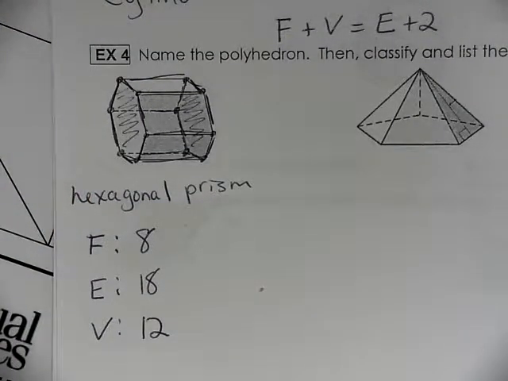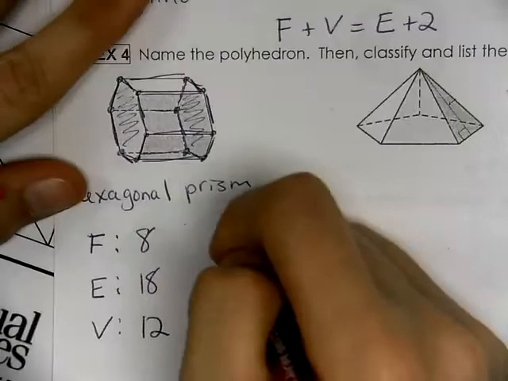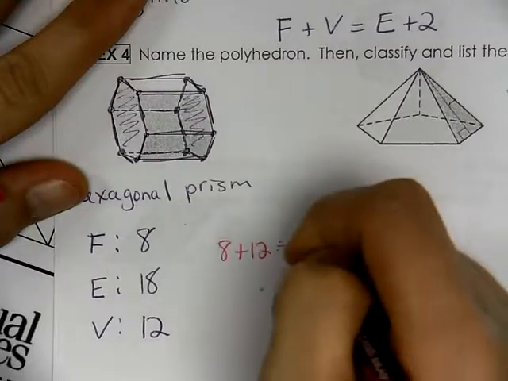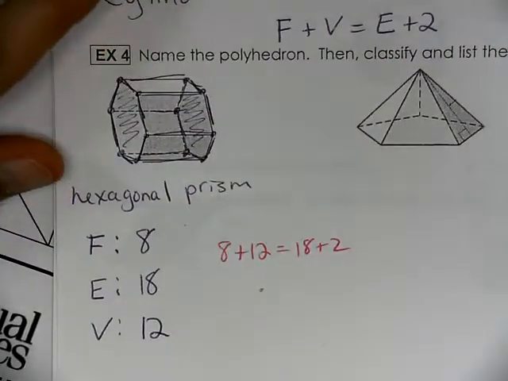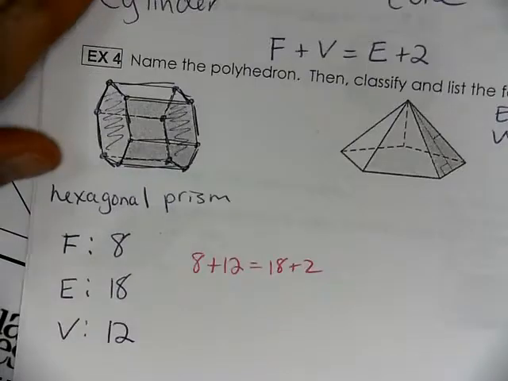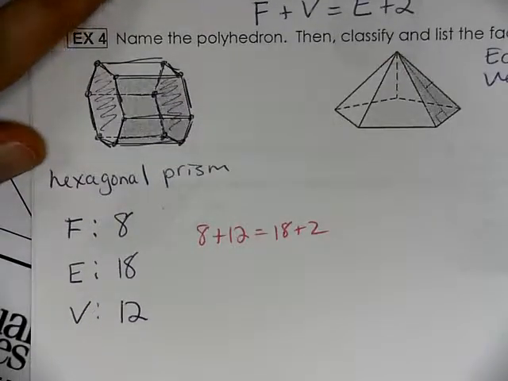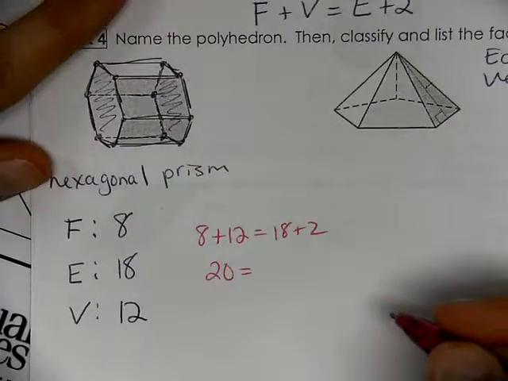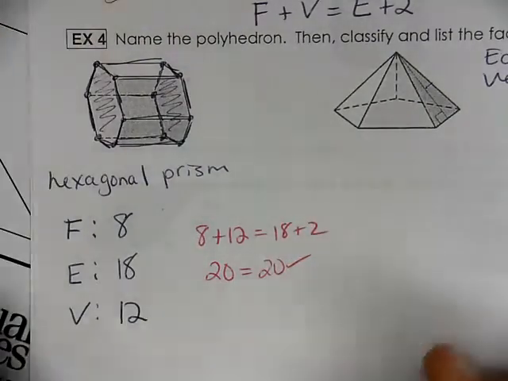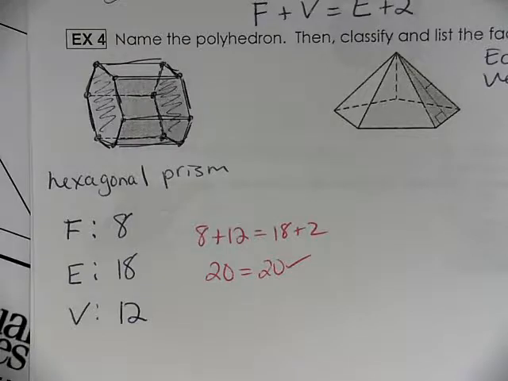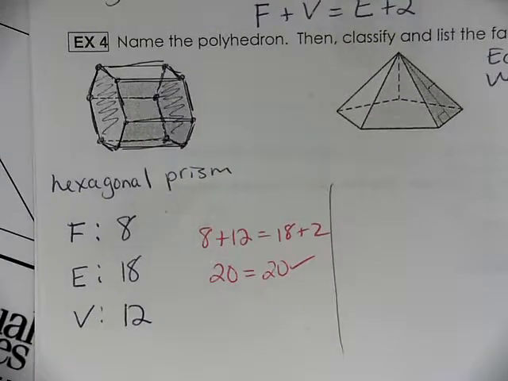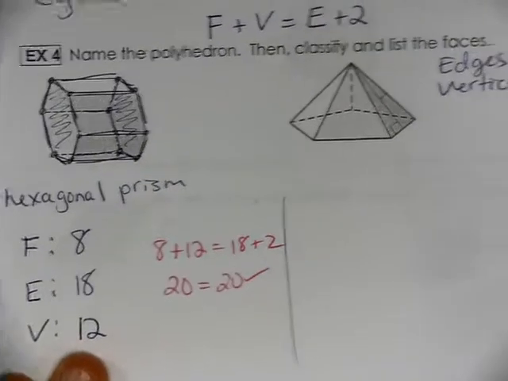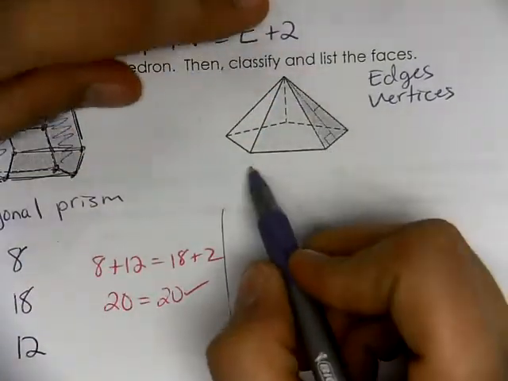So double check with your formula. 8 plus 12 should equal 18 plus 2. What's 8 plus 12? What's 18 plus 2? So there you go. Okay. Is it making sense?